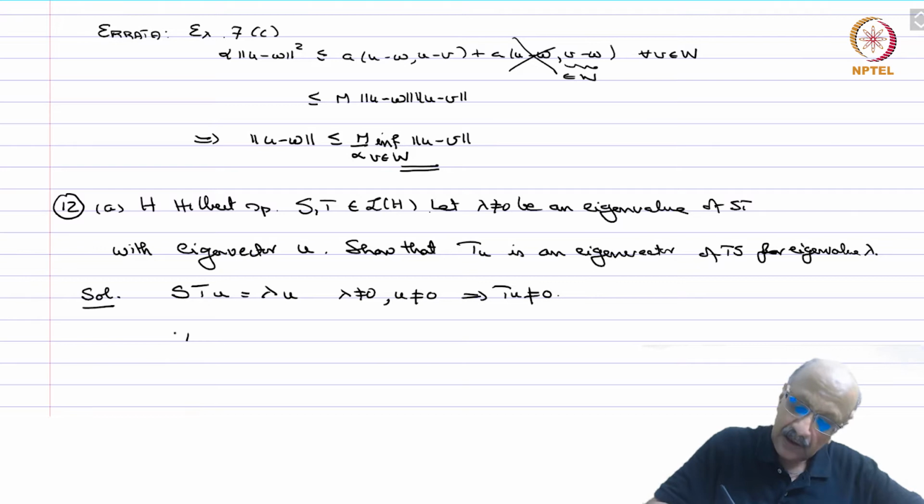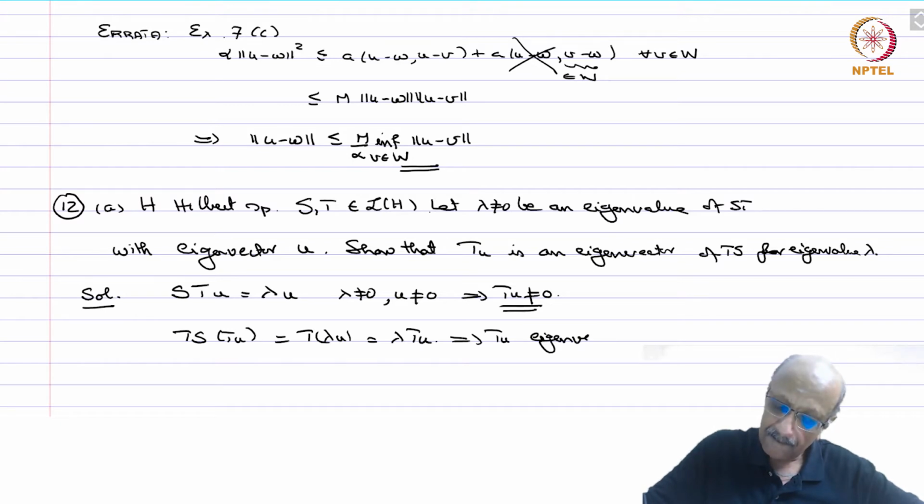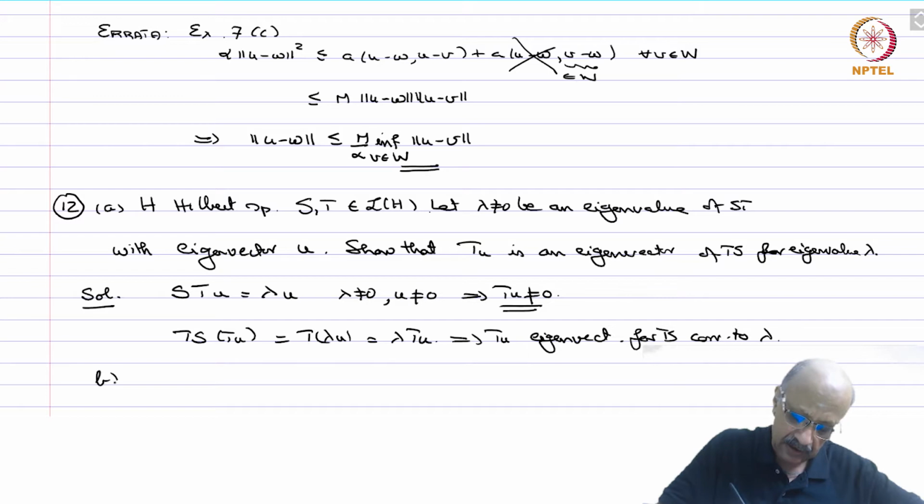Now TS of Tu is T of ST of u, ST of u is lambda u, so it is lambda Tu, and Tu is not 0, and therefore Tu is an eigenvector for TS corresponding to lambda. Okay, so that is a very trivial statement.